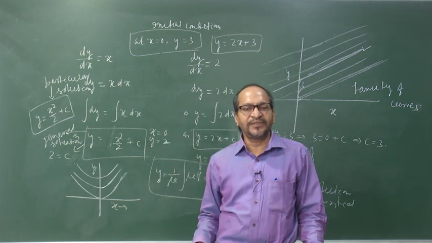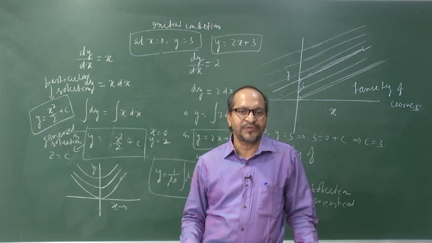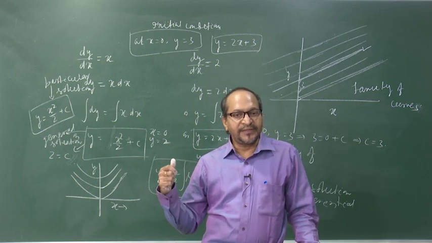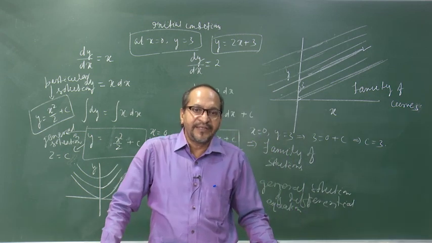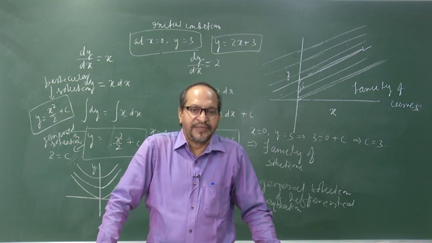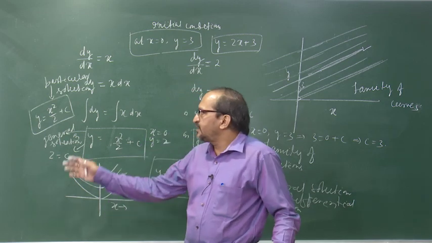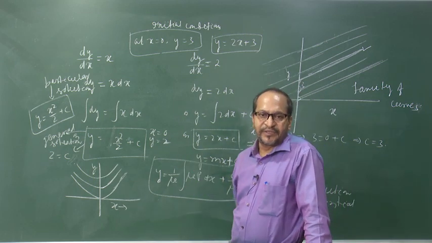If the function involves more than one variable, then the exact derivatives will be replaced by partial derivatives, and in that case our differential equation is called a partial differential equation, right. So, all these equations we have discussed till now are called ordinary differential equations.